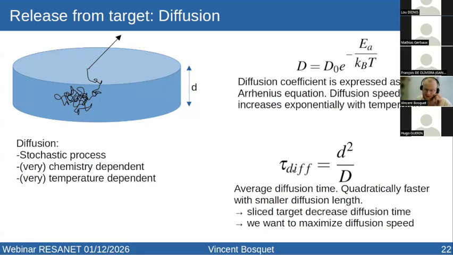The second equation gives you the average diffusion time as a function of the target thickness, little d, and the diffusion speed. Please note that the diffusion time decreases quadratically with diffusion length. So having a very small diffusion length really helps for having a fast diffusion time.